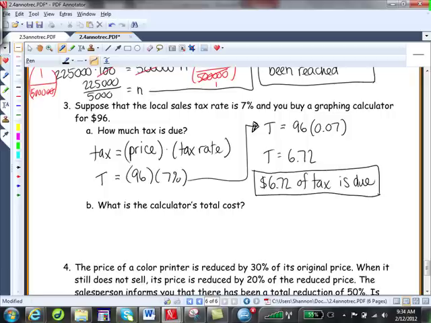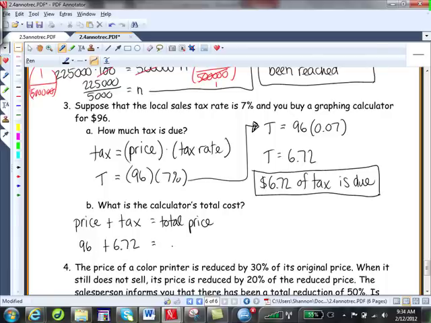So what will the calculator cost? Well, won't it be the price plus the tax that would be the total price? So the price, remember, was 96. The tax was 6.72.